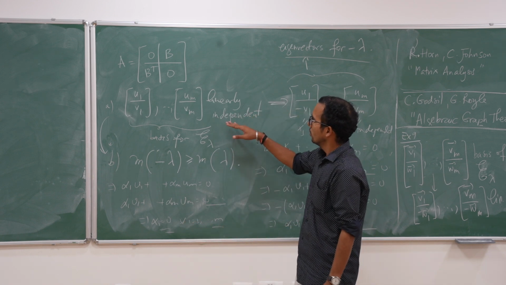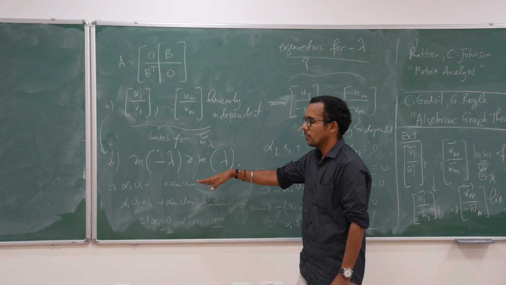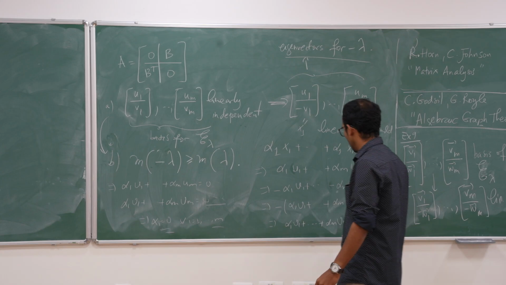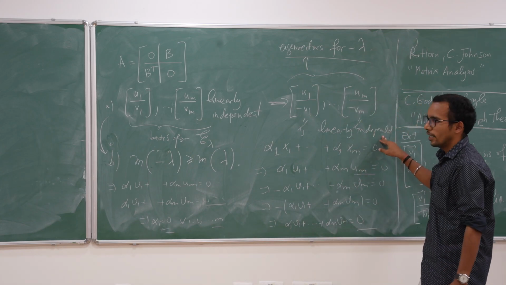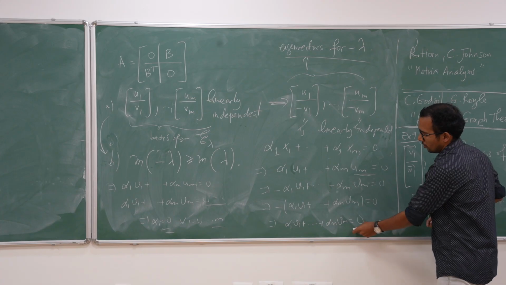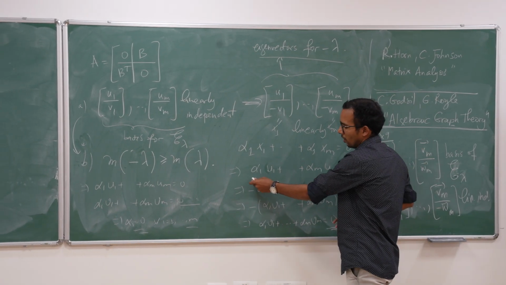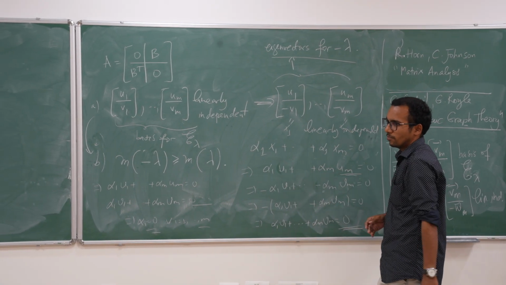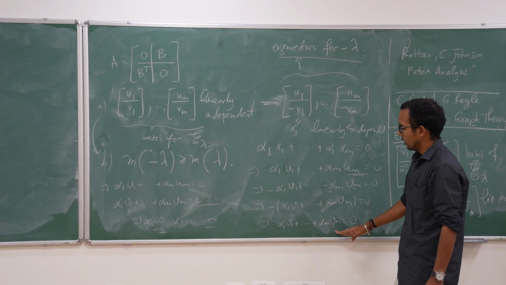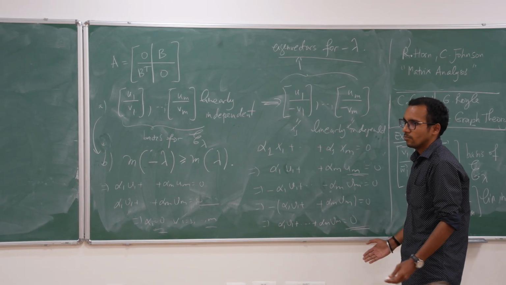So if it is LI, it means if we take any linear combination of these vectors, then all alpha must be equal to 0. But I am taking it here as LD, and if it is LD, then this or this alpha must be non-zero. So from here alpha i must be 0, and here we are getting alpha i as non-zero. Contradiction.